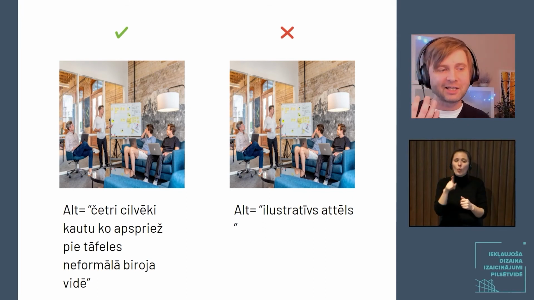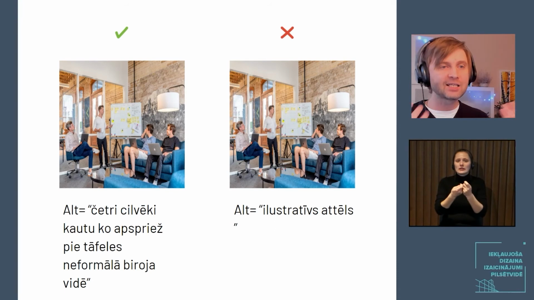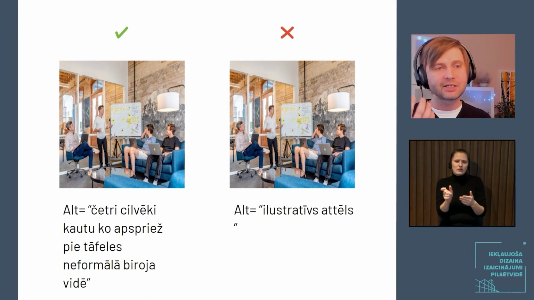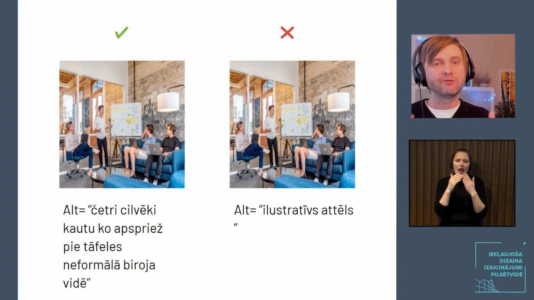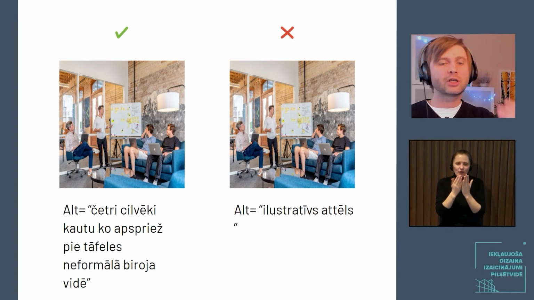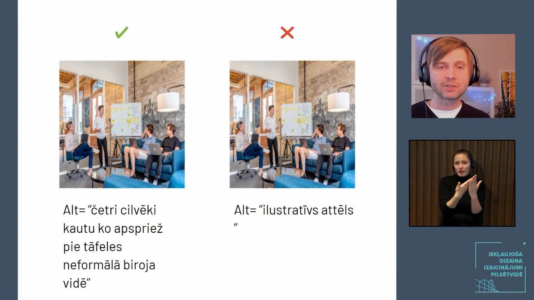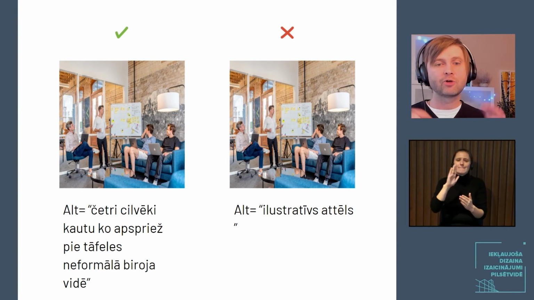Why? Because it is very important to think about what kind of images you insert, and also what it gives to a person who doesn't understand what's there. It will help people to understand what is in this image. And sometimes you might think why one needs to understand what's in this image.